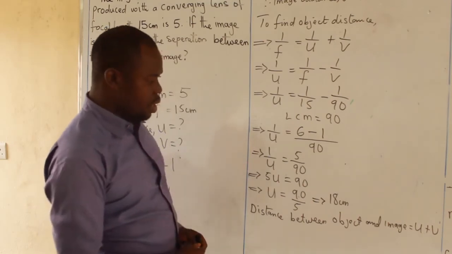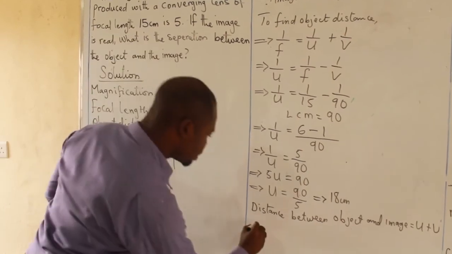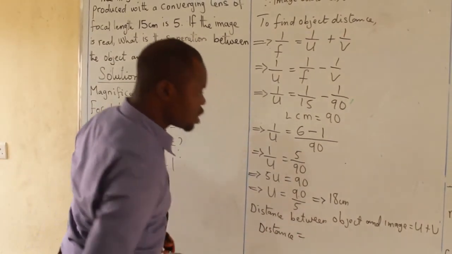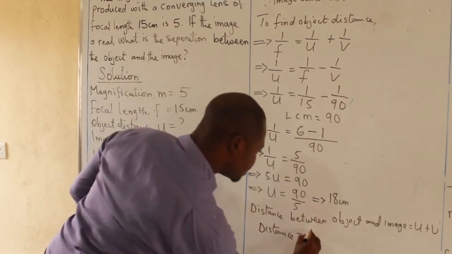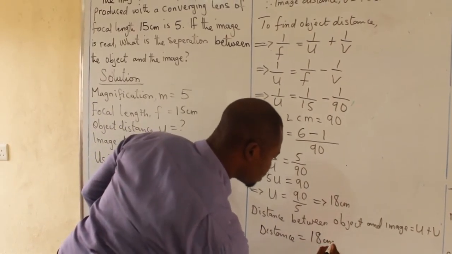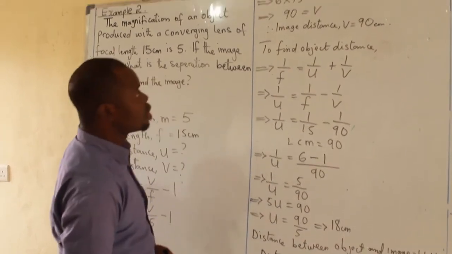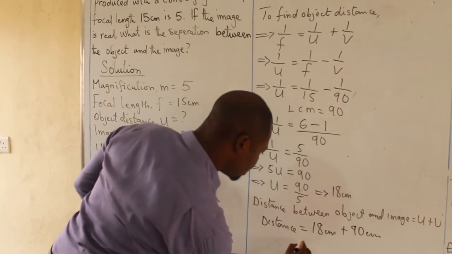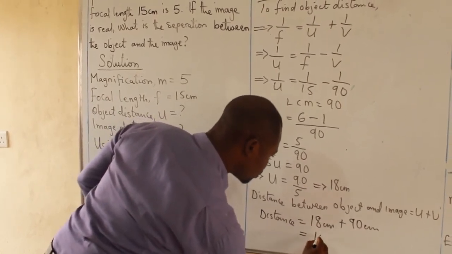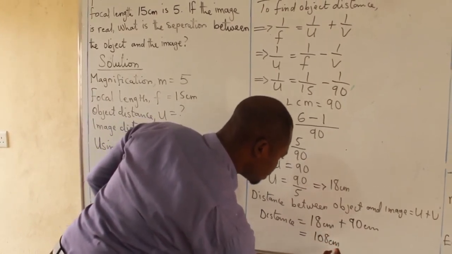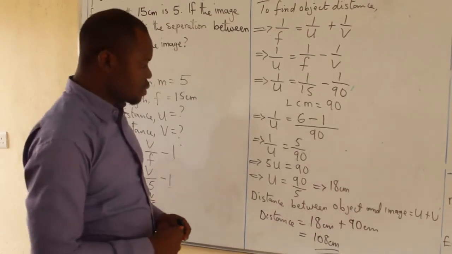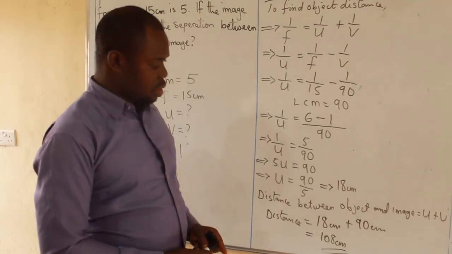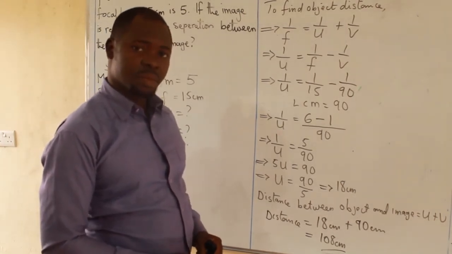And so from here, we now have distance equals, since our u is 18 centimeters, and our v we got to be 90 centimeters. Therefore, the distance equals 108 centimeters. So the distance between the object and the image is 108 centimeters.